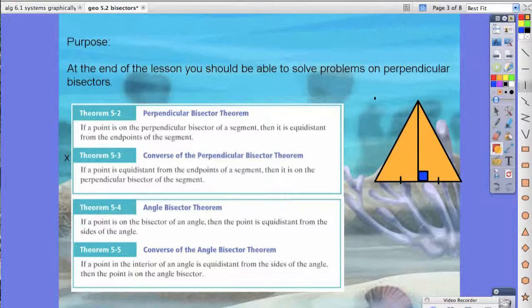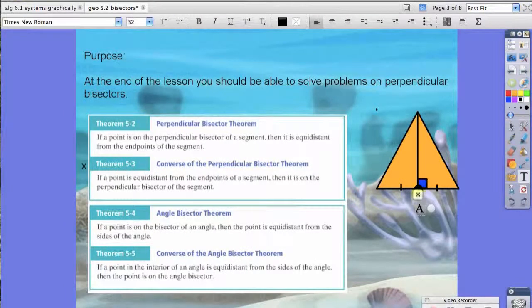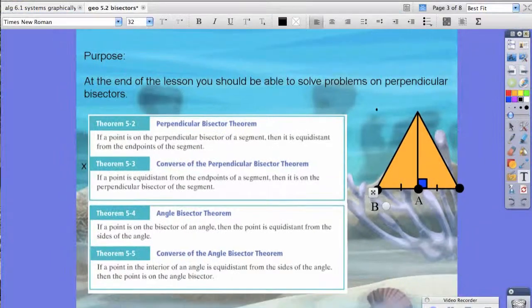Now, what this is saying is that if we have a point here, let's call this point A. Now, because it's on the perpendicular bisector of the triangle, that means it's equidistant from the other endpoints. Let's call them B and C. So this is B and this is C. So point A is equidistant from points B and C.